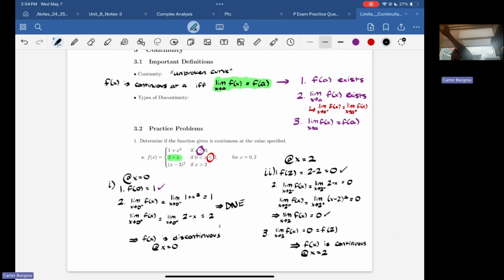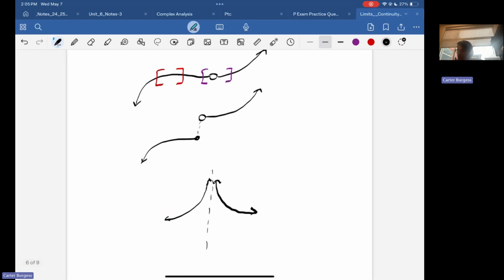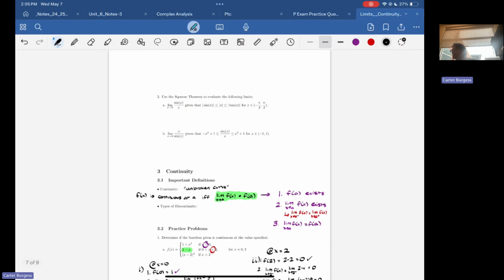Quick thing that I want to address, and that is we have some descriptors for types of continuity, different ways to be continuous. You'll notice there are several different ways that we can be discontinuous.